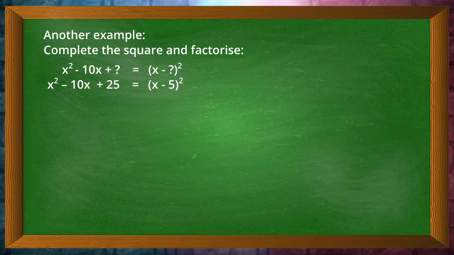Divide 10 by 2 and square the answer, and that is the constant you need. 10 divided by 2 is 5 and 5 squared is 25. Factorizing gives (x minus 5) all squared. The 5 is found in one of two ways, either half of 10 or the square root of 25.